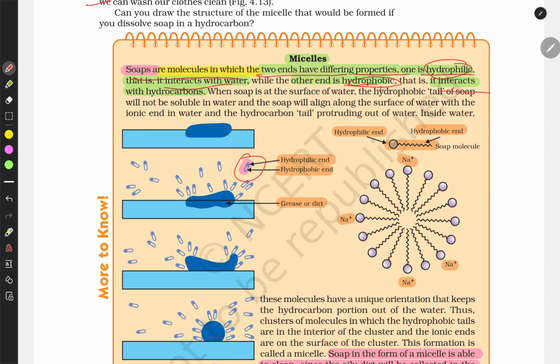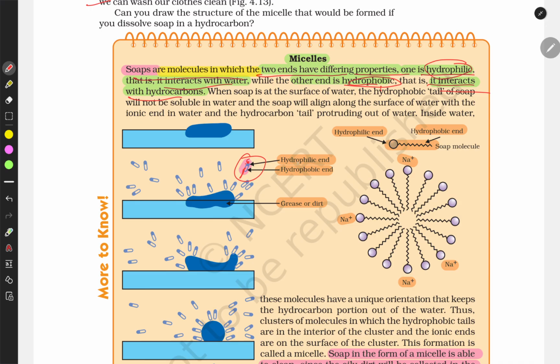So it interacts with the hydrocarbon. Suppose this is oil, and this is a soap molecule, this is the carbon chain, and this upper group is the sodium or potassium salt of carboxylic acid.